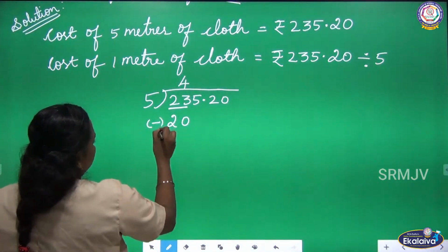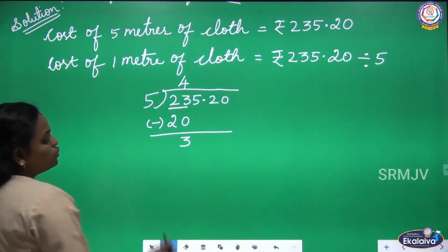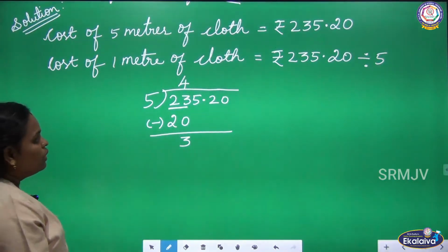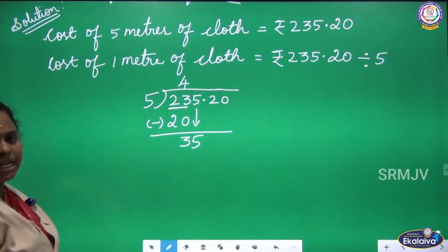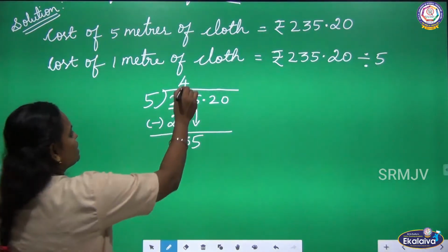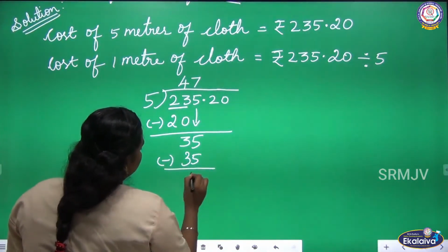So subtract, 3 minus 0 is 3, then 2 minus 2 is 0. Next we'll carry 5. So 35, how many times, children? 5 sevens are 35. So 35 minus 35 is 0.